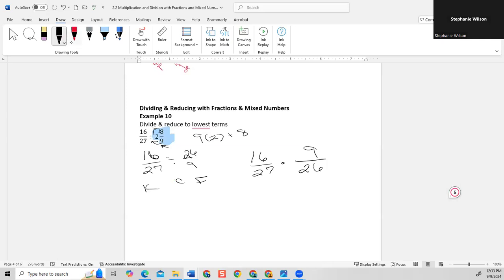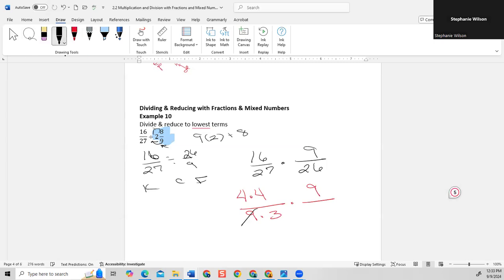Well, 16 is made up of what? 4s. That's going to be 4 times 4 over 27. Well, that's 9 times 3. I'm not going to reduce that 9 because I got a 9 here, right?